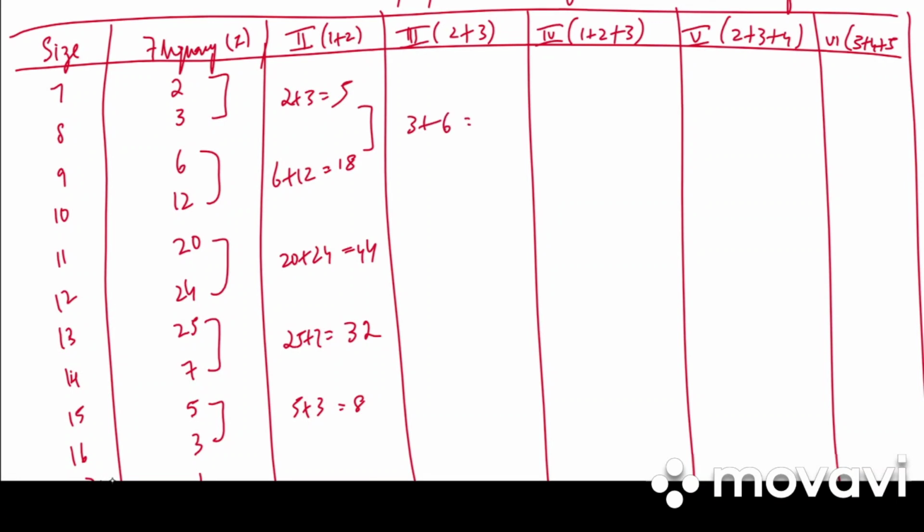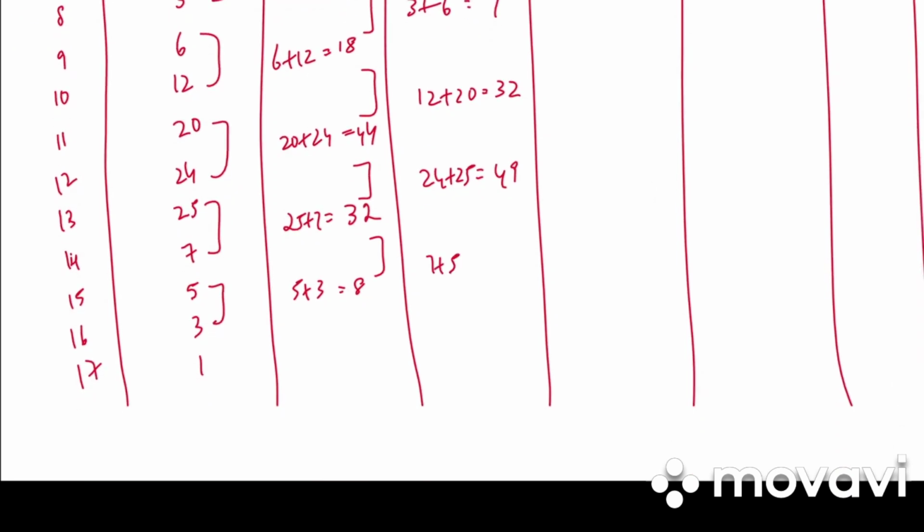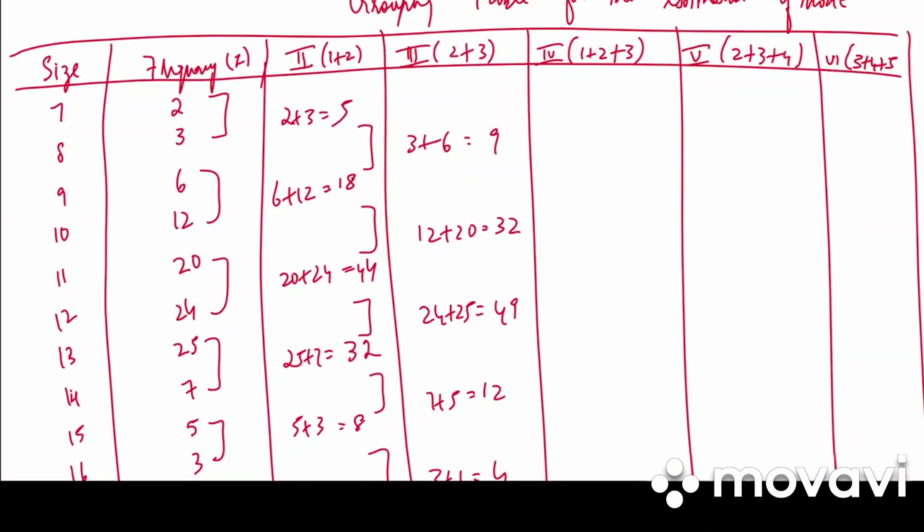So it is 3 plus 6, 9. 12 plus 20 is 32. 24 plus 25, 49. 7 plus 5, 12. 3 plus 1, 4.